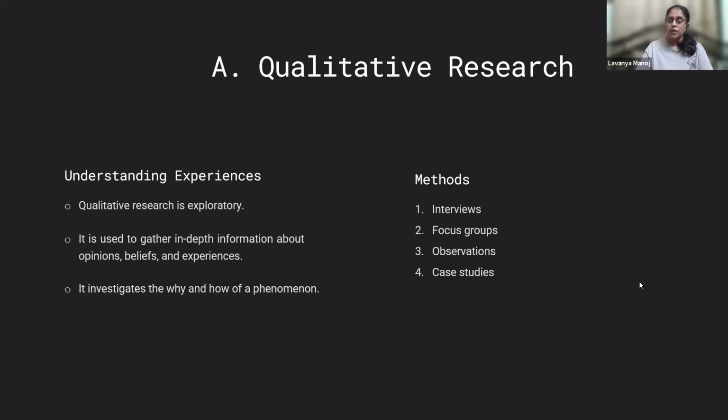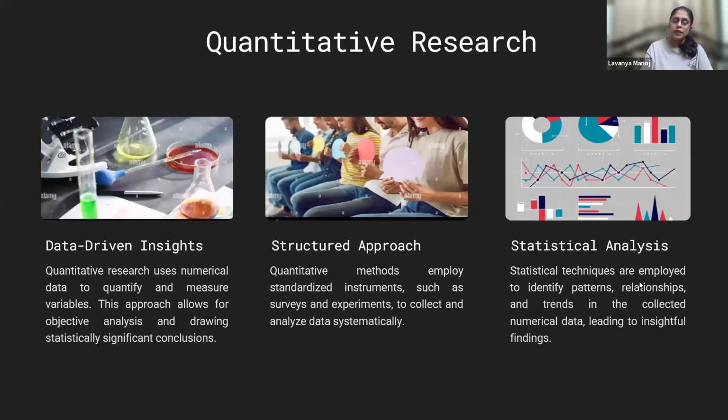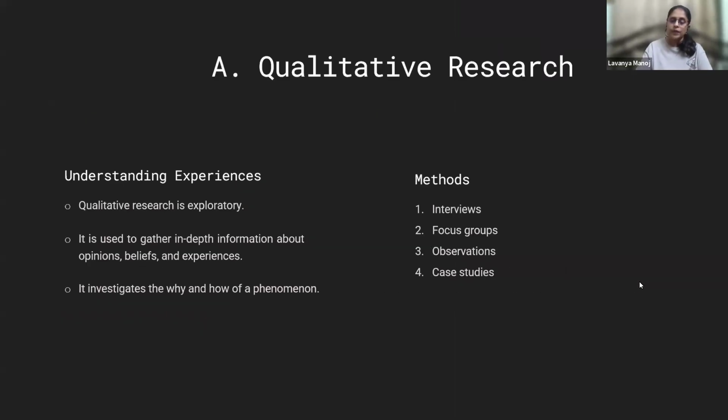Okay. The first type of research is qualitative, and the second one is quantitative. Qualitative research is exploratory. Exploratory in the sense that you don't need to have any historical or past data in hand. You don't have to rely on any data.